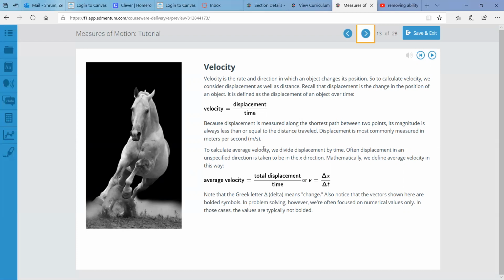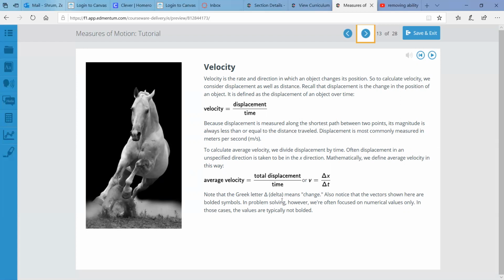And to calculate the average velocity, you divide displacement by time. Often displacement in an unspecified direction is taken to be in the x direction. So mathematically, we define that as average velocity equals total displacement over time, or V equals change in x, displacement, over change in time.